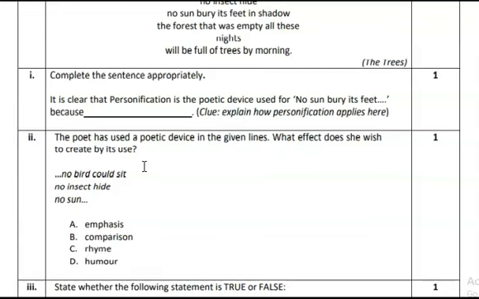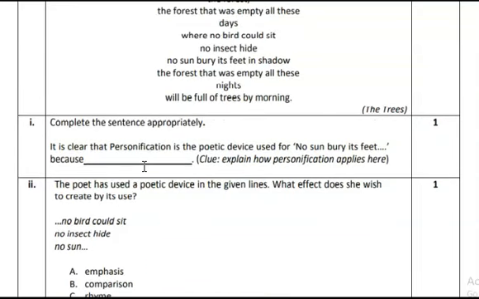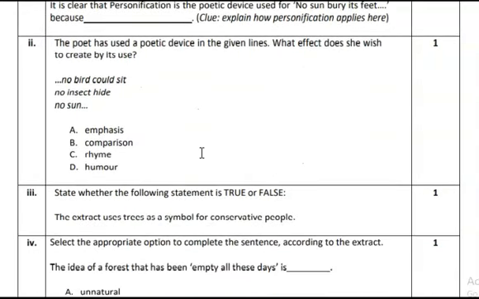Here it is given that no sun bury its feet. So the sun is being given a human attribute, which means the sun has been treated as a human being. Therefore, the sun has been given a human attribute, so it is personification.